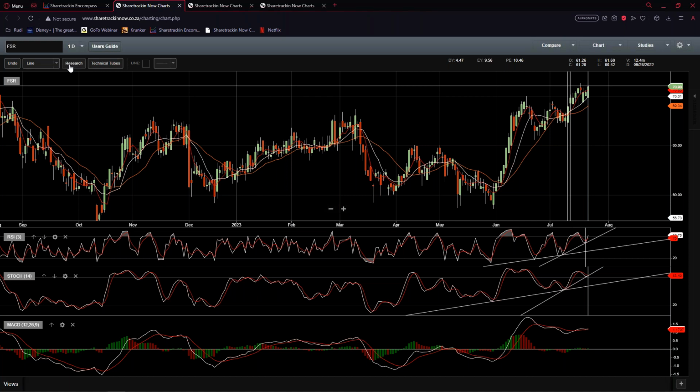Okay, if they mention something on TV or on the radio of a share, then obviously you've got the tool already to do your analysis. So if they say something about, let's say, FirstRand on the news or any other media source, then you can go onto the software and do your technical analysis off of what they said, and make sure that whatever they said is true.